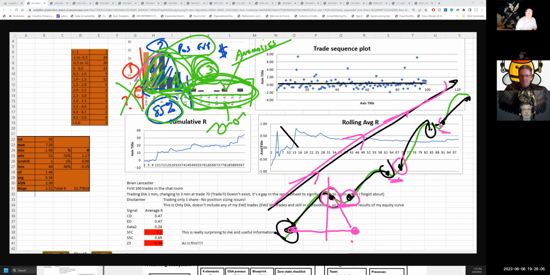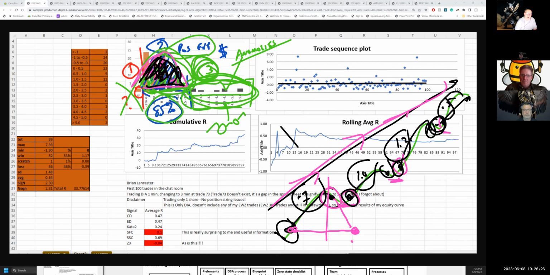So if you do have a system that features those kinds of reentries, though, then what you end up getting is a lot of things like, hey, there's a 0.7 win and a 1.0 and a 1.2 and a 0.5. And so all of those are comfortably inside this little collection of trades here.